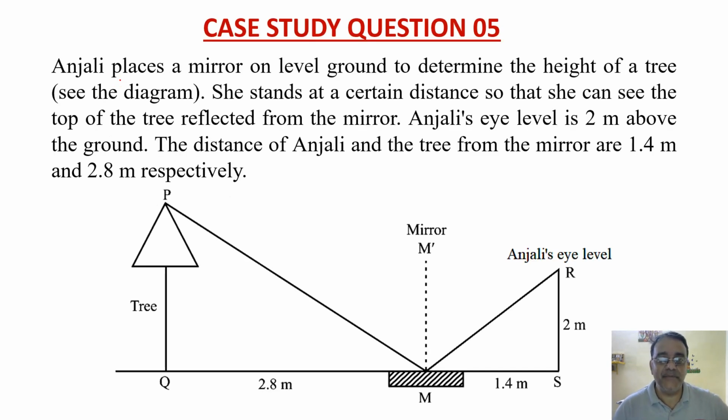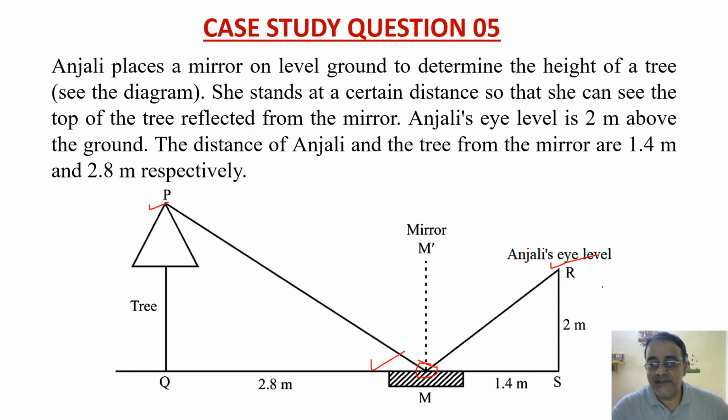Anjali places a mirror on level ground to determine the height of a tree. See this figure. This is the mirror position. She stands at a certain distance here so that she can see the top of the tree reflected from the mirror. The reflection is happening from here, see, this is the top of the tree. She stands in such a position that she can see the top of the tree reflected in the mirror.